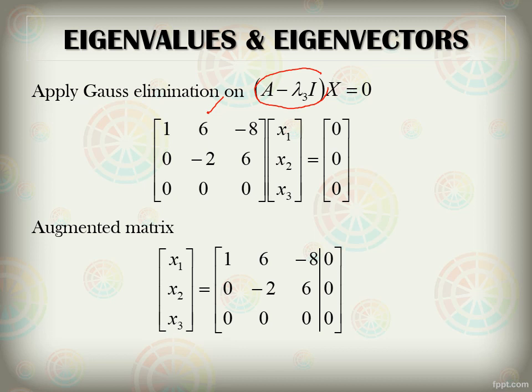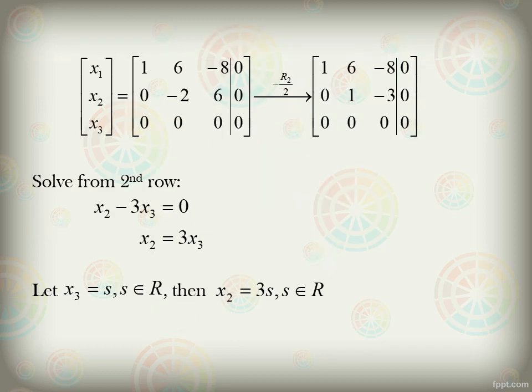Then write it into the augmented matrix and reduce it to REF matrix. With just one ERO, you have reduced the matrix to REF form. For this one, you have the coefficient for x1, x2, and x3, so you can proceed as usual.